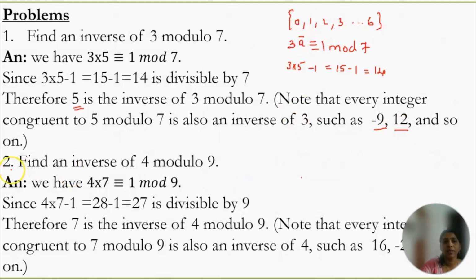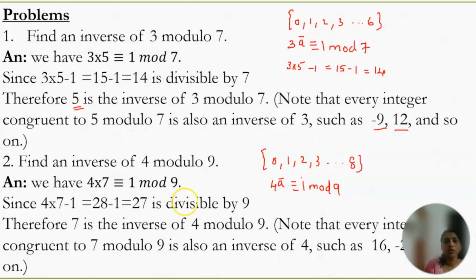Next, consider another example. Find an inverse of 4 modulo 9. In modulo 9, we have only the numbers 0, 1, 2, 3, up to 8. So the inverse of 4 modulo 9 is the number A bar such that 4 A bar is congruent to 1 mod 9.